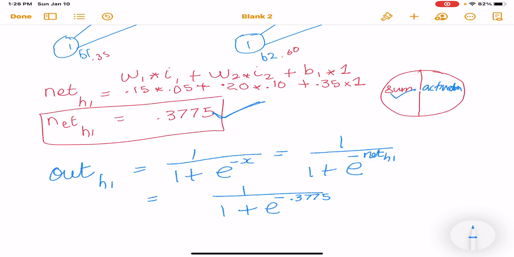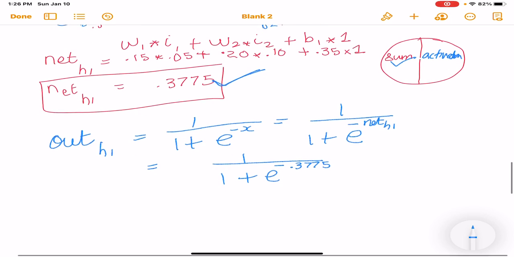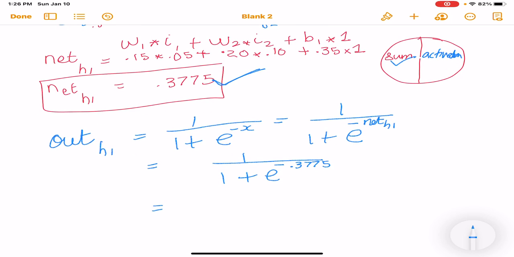Since I have already found it out, my out H1 will be 0.593269992.